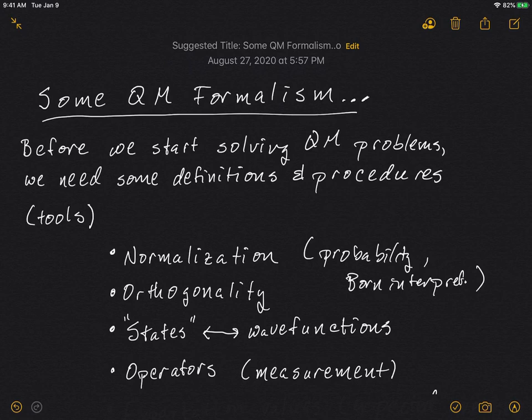Then we'll talk about orthogonality. It's a somewhat mathematically closely related concept, and orthogonality helps us to define states. We see that different wave functions are orthogonal, and therefore they correspond to different states.